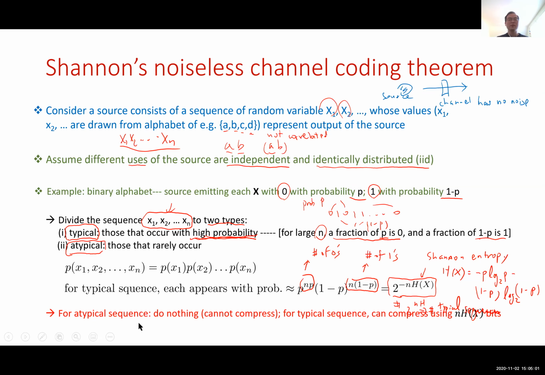For atypical sequences, then we cannot compress. But these appear rarely. So in the case that you don't want approximation, you may need to assign some specific sequence to these rare atypical sequences. Okay.